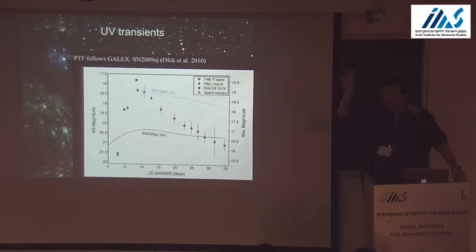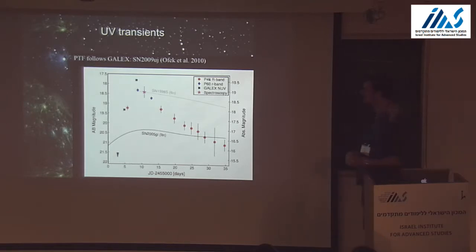So what we did with PTF was we shadowed where GALEX was observing. In the parts of the surveys where we didn't care where we were observing, we just said, okay, what's GALEX going to do tomorrow? Observe there, let us observe there also. And what it created was the opportunity to have UV observations from GALEX of supernovae you detect with PTF.